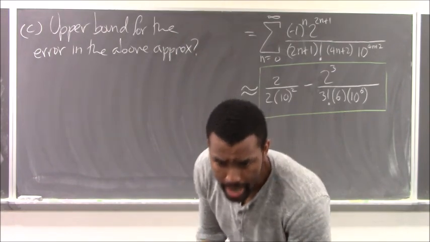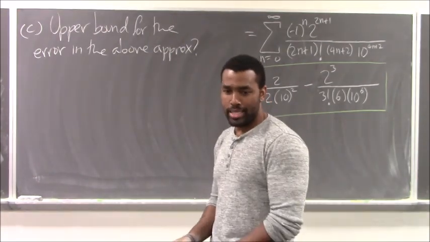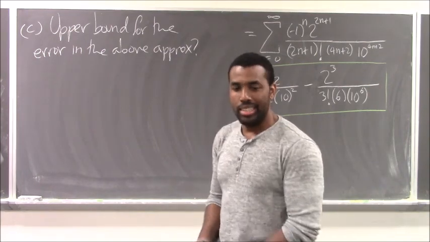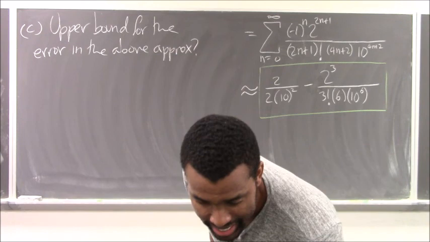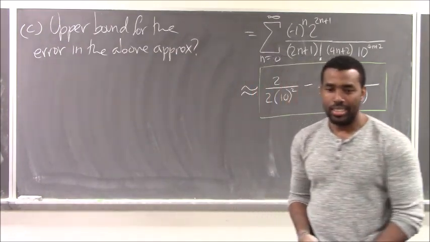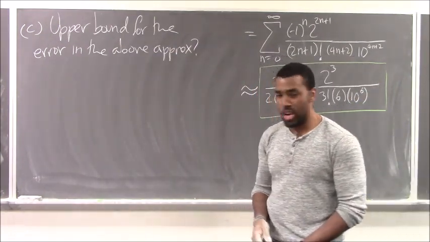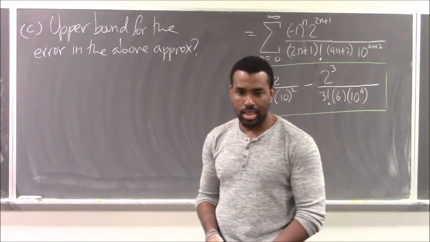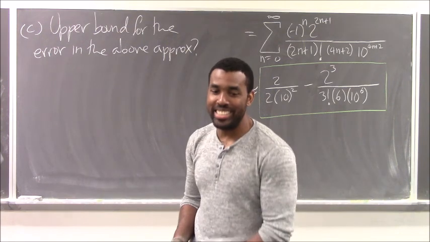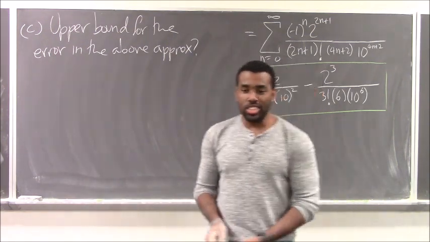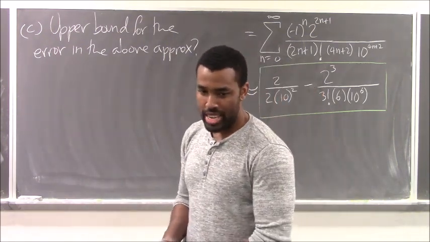The next term, n equals 2. Why? So with explanation, what would you explain? Why would the n equals 2 term give us the bound? If you forgot the reason, well, there's literally a theorem that tells us this.